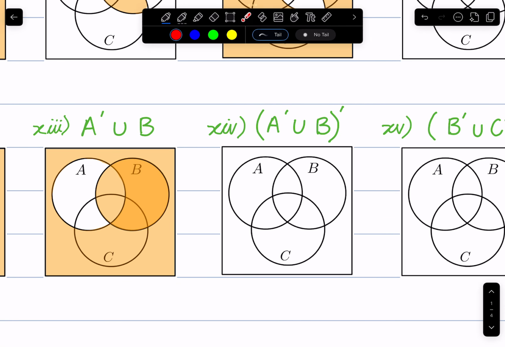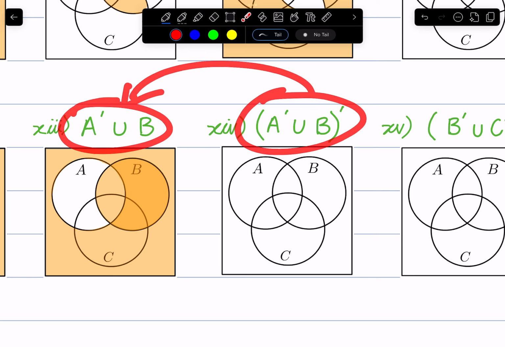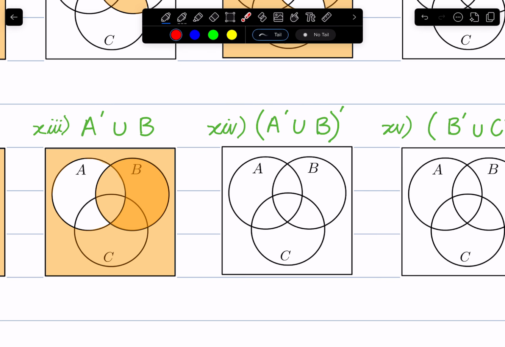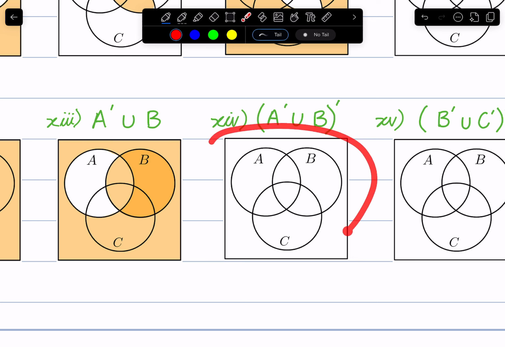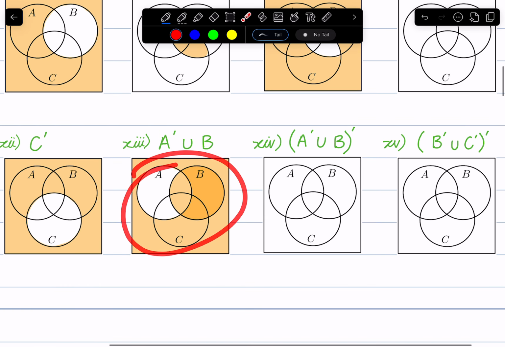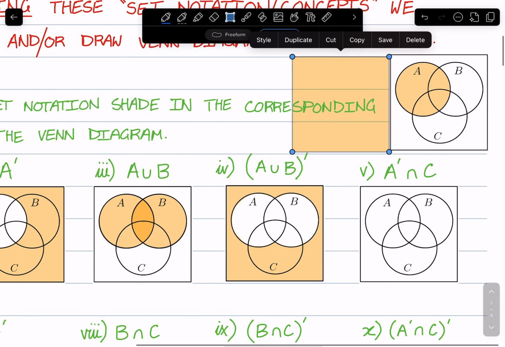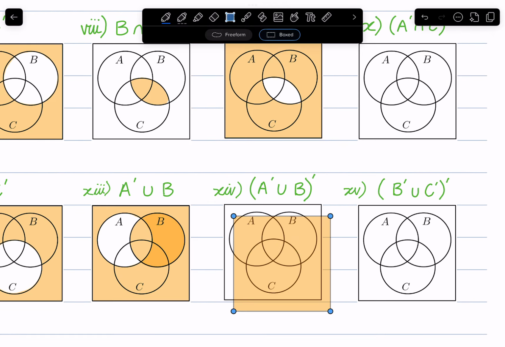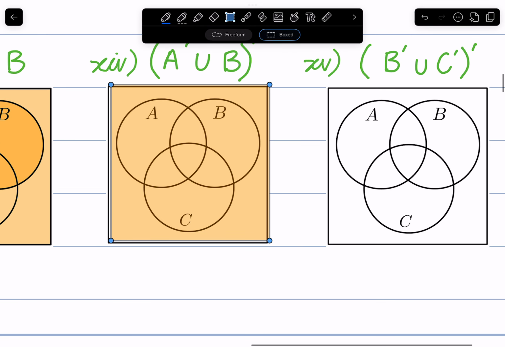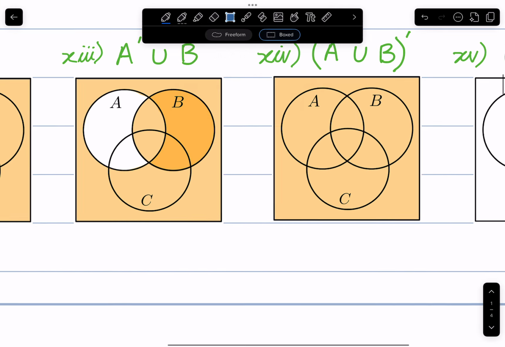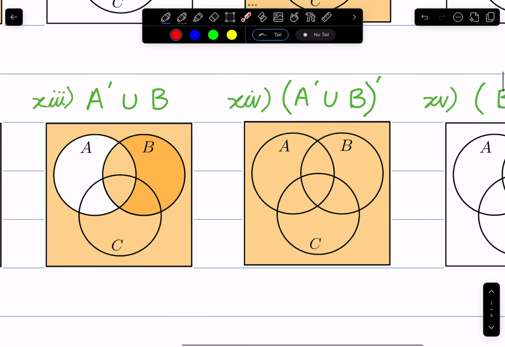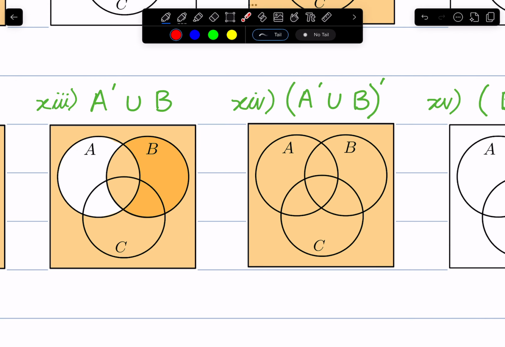Remember, once again, this is just the complement of this on the previous column. Well, since we know what this looks like, I'm sure you can visualize the remaining bits, so everything outside, or that is not in this group here. So let's grab this. Remember, we are highlighting everything that is not highlighted here.